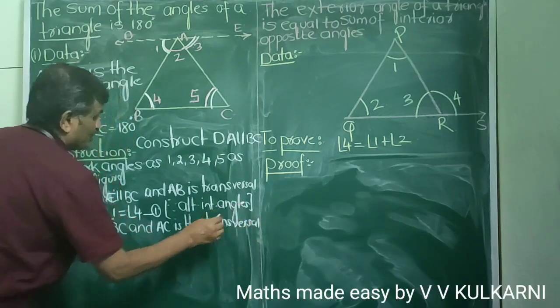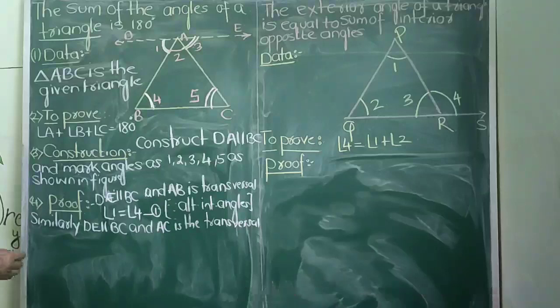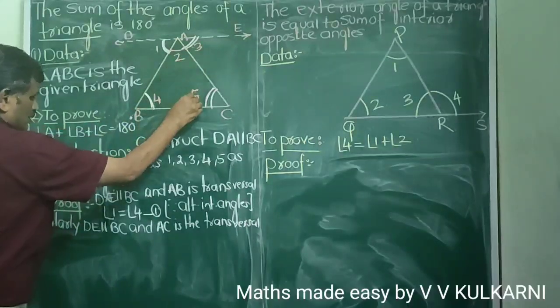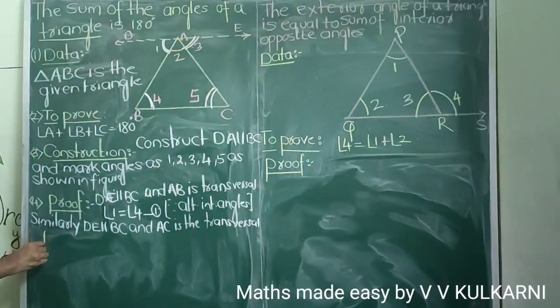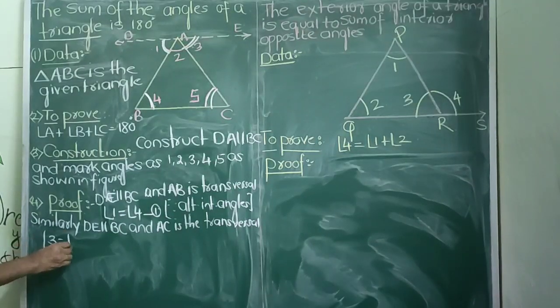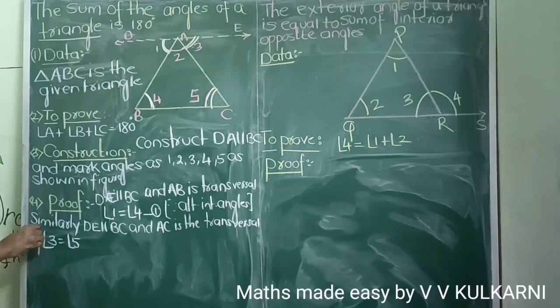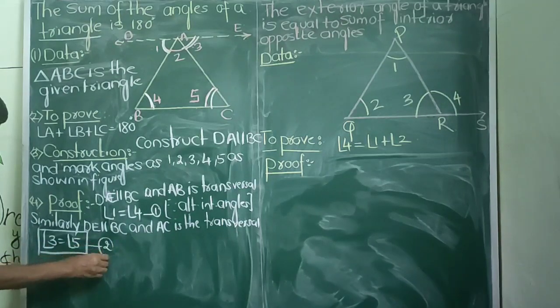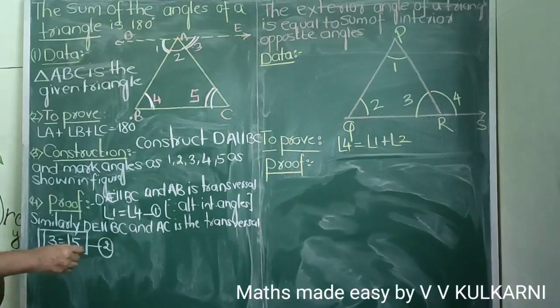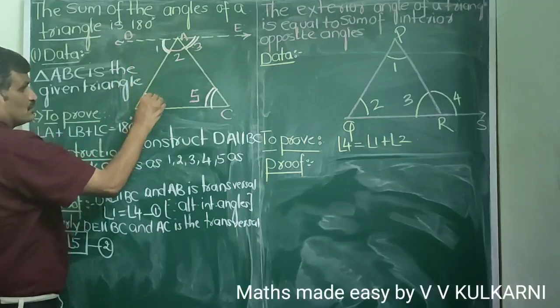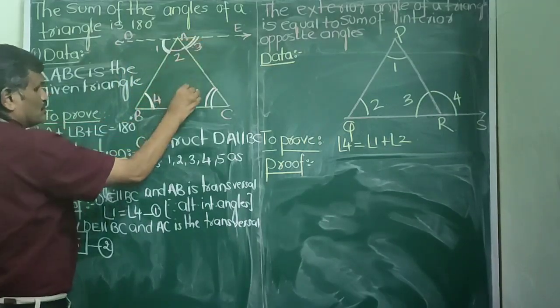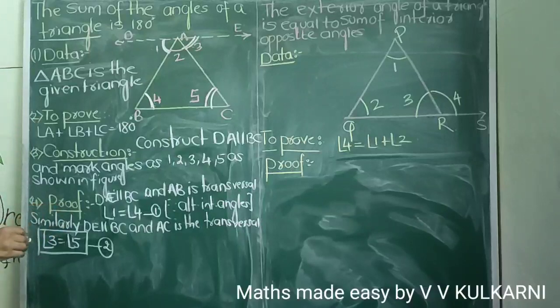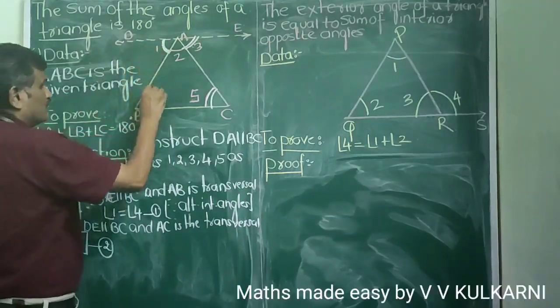In that case, angle 3 will be equal to angle 5. I'll call this equation number 2. What I have done is this angle is equal to this angle and this angle is equal to this angle. I have taken both the alternate interior angles.